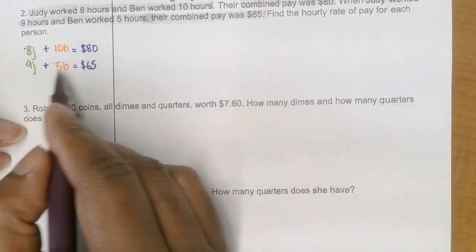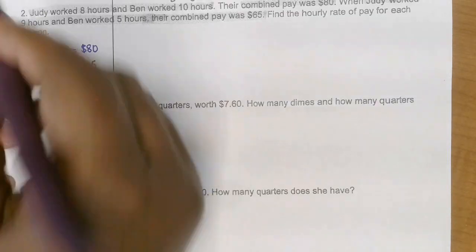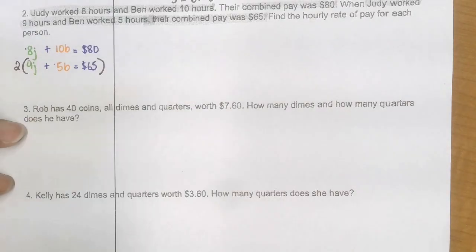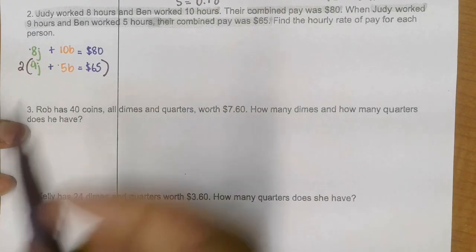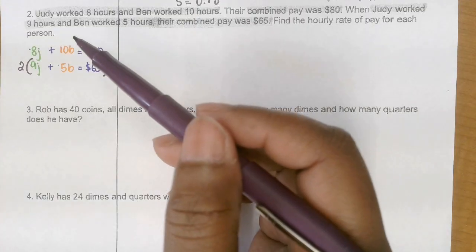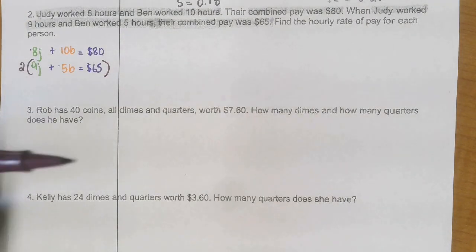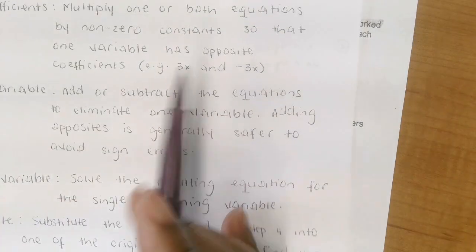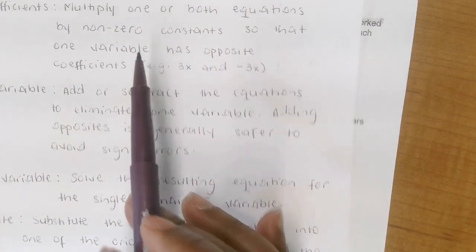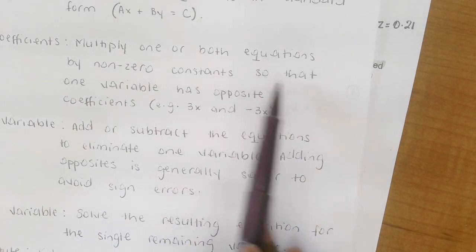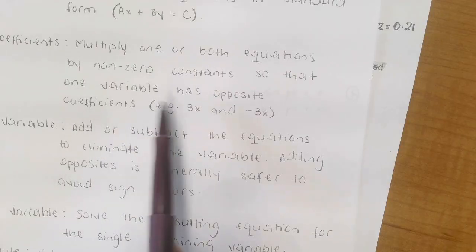So the one that you can multiply, the smallest number, you're going to put a parenthesis around it, put the 2 outside, and the last thing you're going to do is, remember from the previous video, in the steps given, we stated that we always want to get opposite coefficients. So you will multiply one or both equations by non-zero constants so that one variable has opposite coefficients.